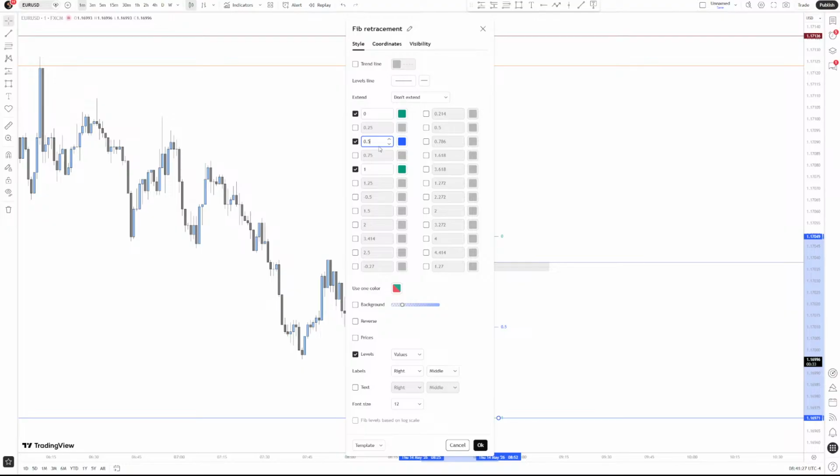I've got the values for the optimal trade. I think it's 6, 7 maybe, 3.